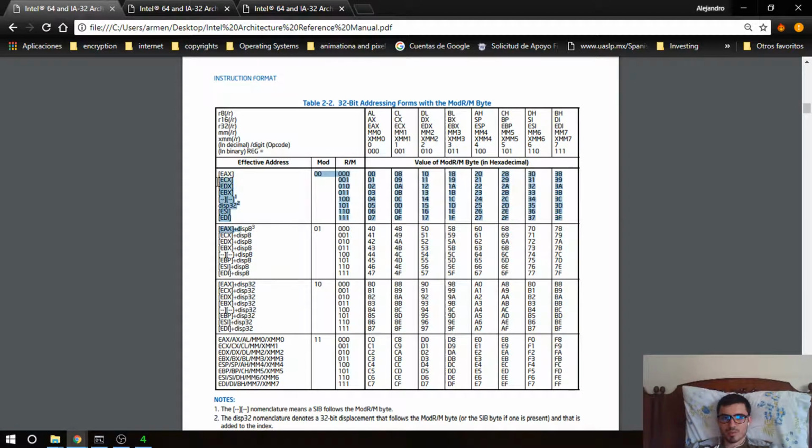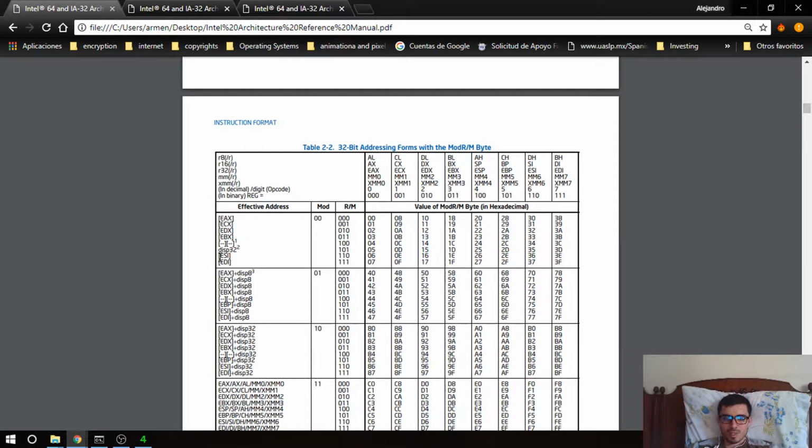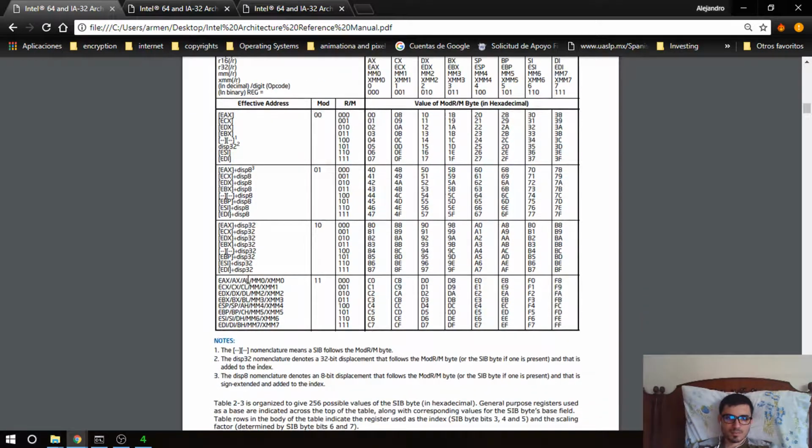Or if you just want a simple address, you use the same registers. Well, it's not displacement, but addressing. And the same goes for this one.